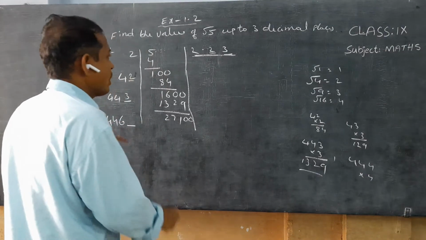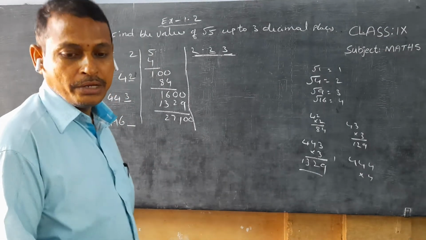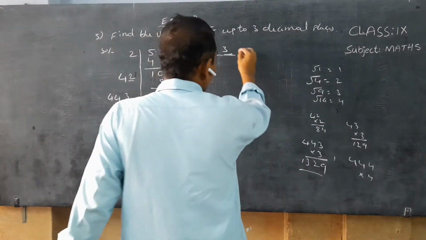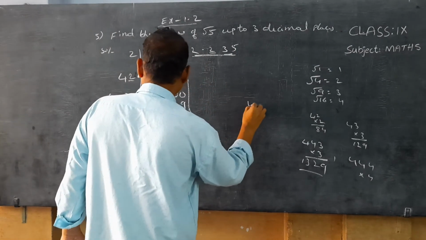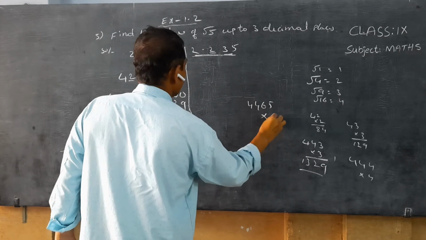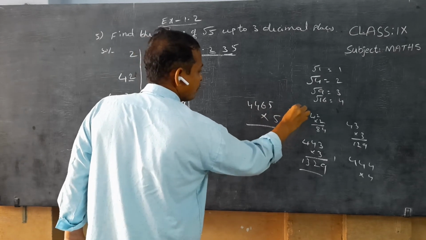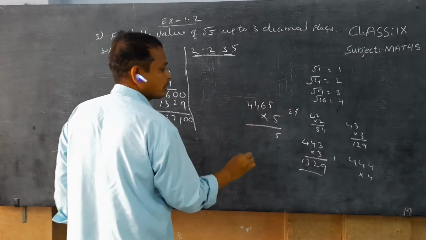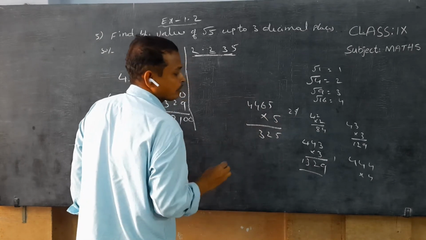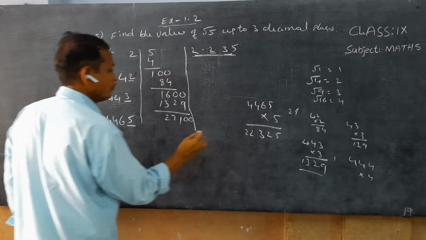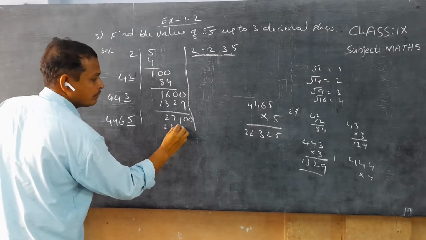So children, we have to use 2 in the quotient. 2.23, 2.235, again. So 4465 into 5 is 5 by 25. So 22, we can use the required value.